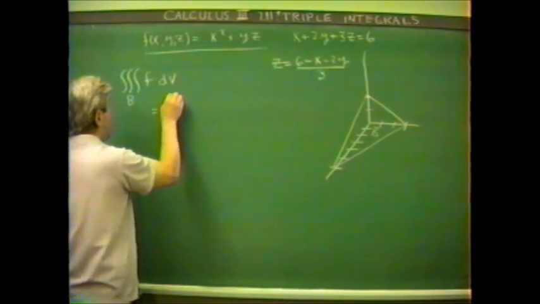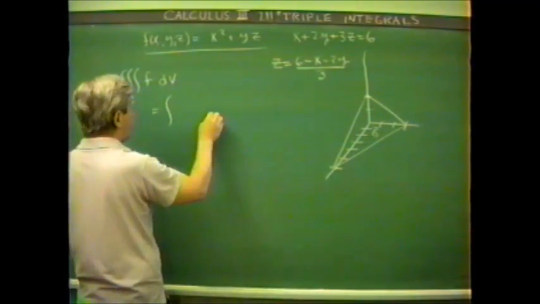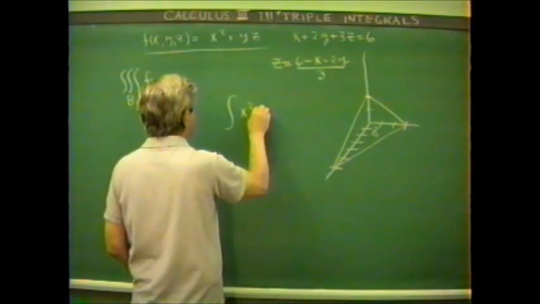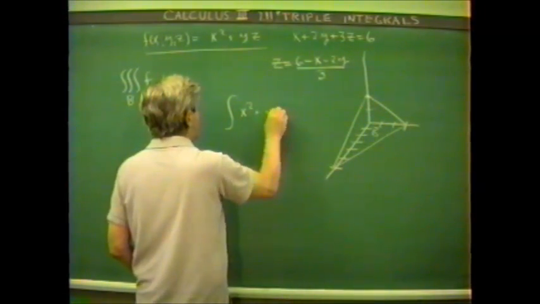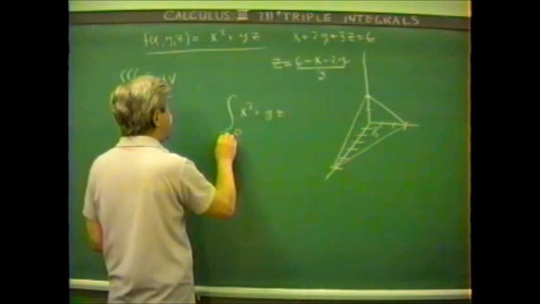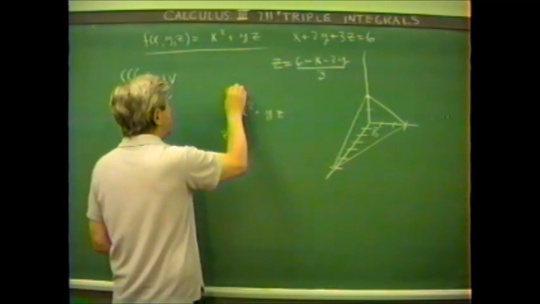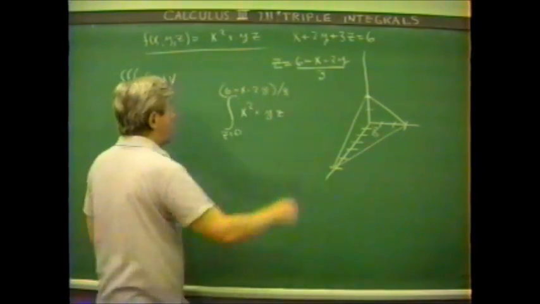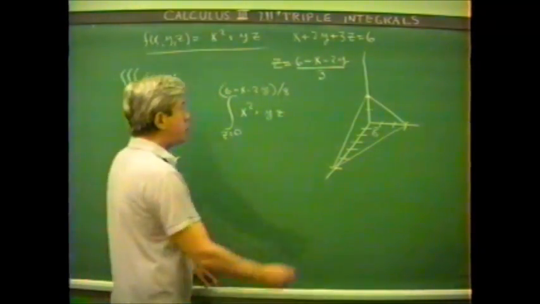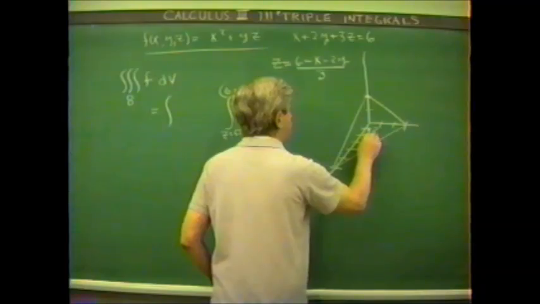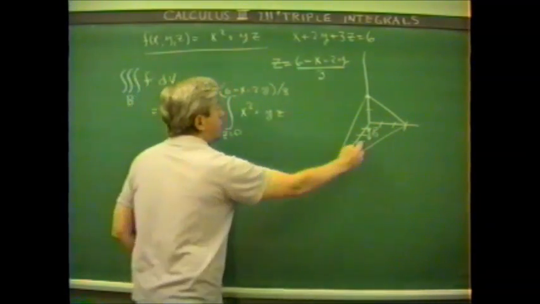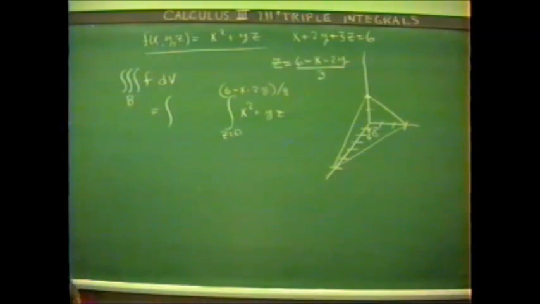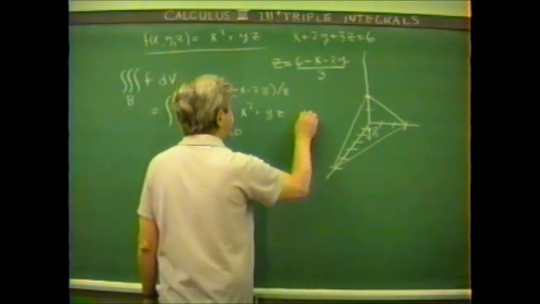First of all, we integrate our function x squared plus yz from z equals 0 to 6 minus x minus 2y over 3. With each xy, that will give us the value of the integral of f from 0 to that point on the plane. We want to do this with respect to z.